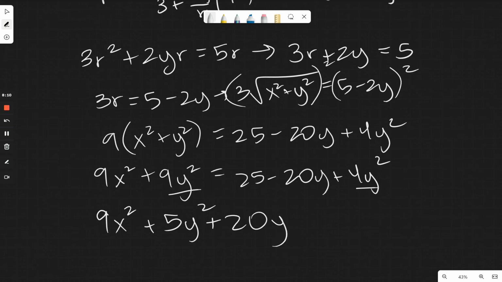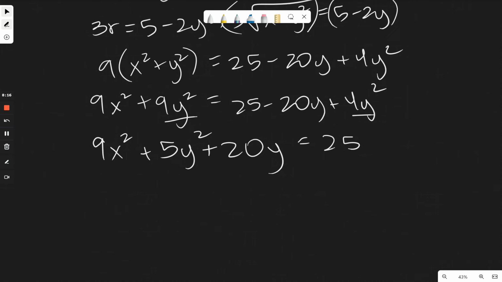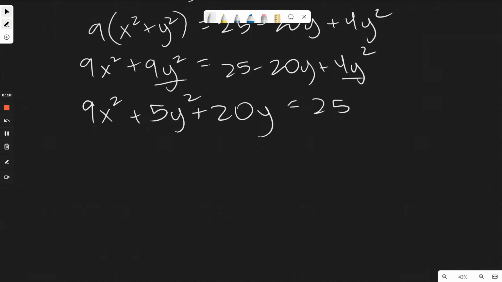And this actually doesn't look too bad. Equals 25, because this I literally came up with right now. They're just random numbers. So this will become 9x squared plus 5 times y squared plus 4y, right?